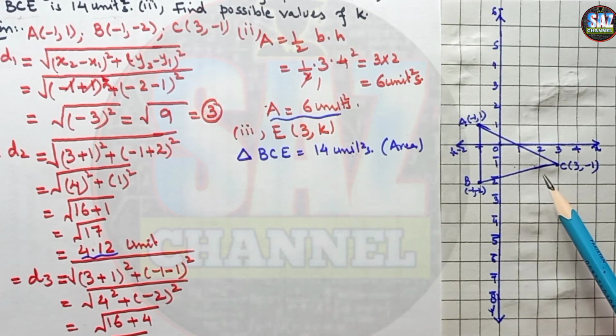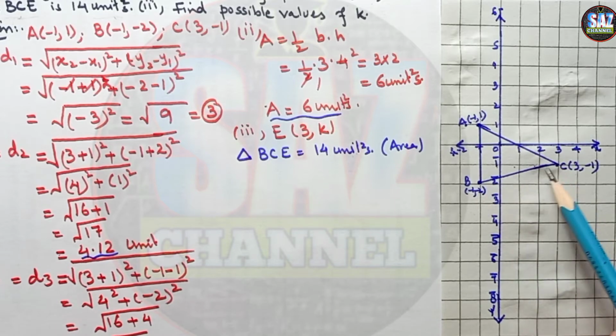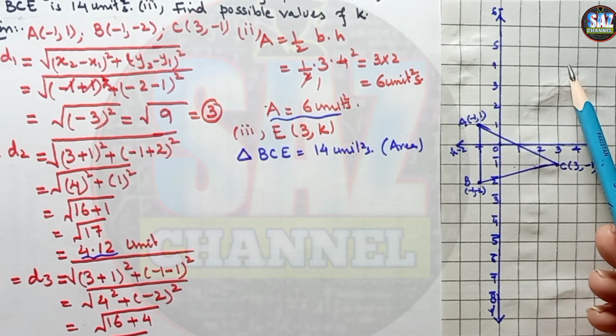BC is already given in the question. We have to locate the position of vertex E such that triangle BCE has the area 14 units square.